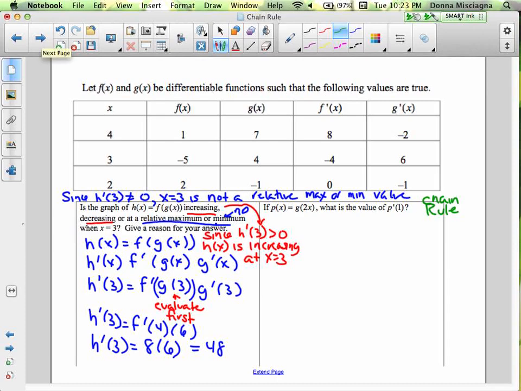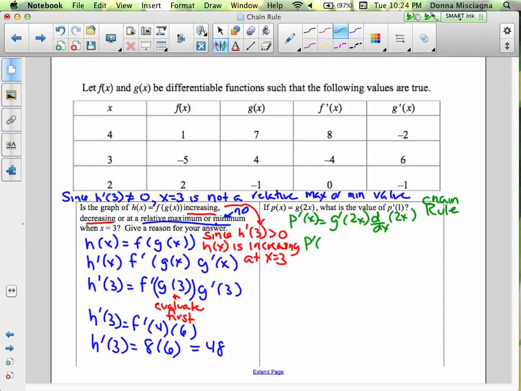All right, so we have p prime of x is going to be the derivative of the outside, so g prime of 2x times the derivative, that means take the derivative of the inside, which is 2x. Right? So let's just simplify this a little bit with the x's, and then we'll plug in the 1's.